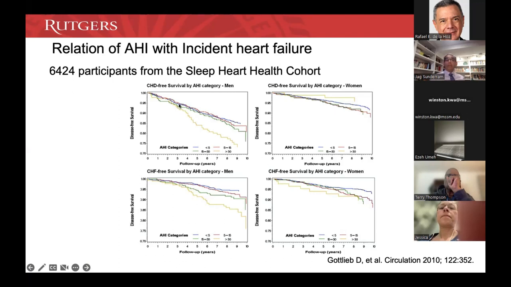It showed that in men, with the highest quartile of AHI, there was an increased risk for reduction in disease-free survival. However, in women, this was not true. So this data showed that in men, in the highest quartile of AHI, and in this situation it was more than 30, there was a risk for reduced survival.